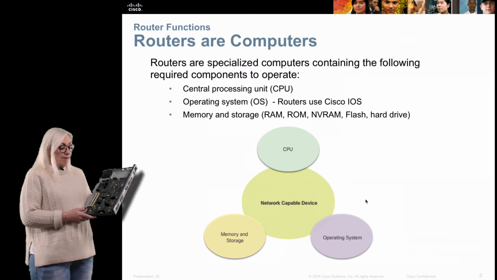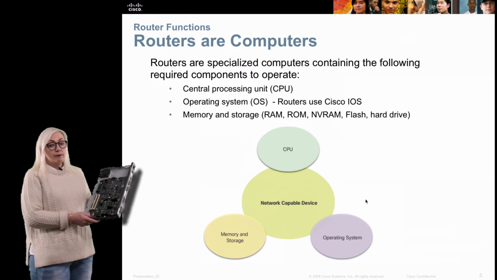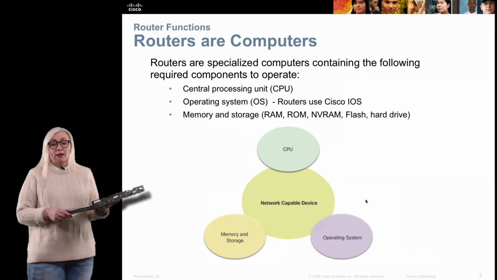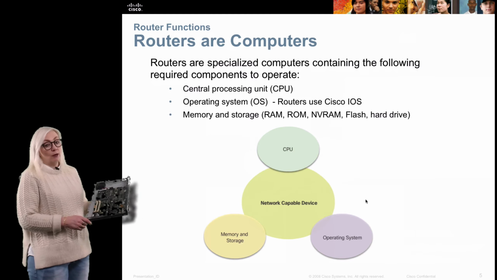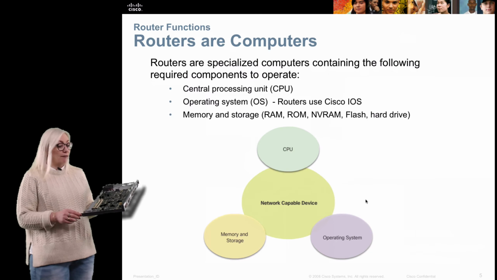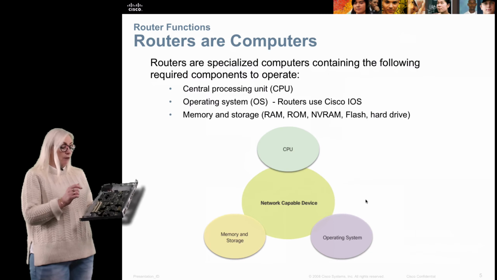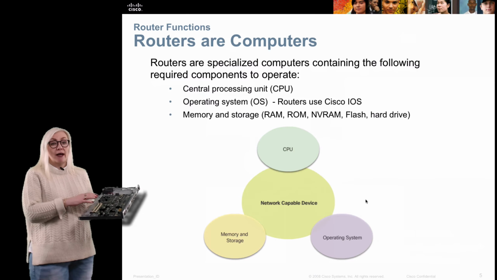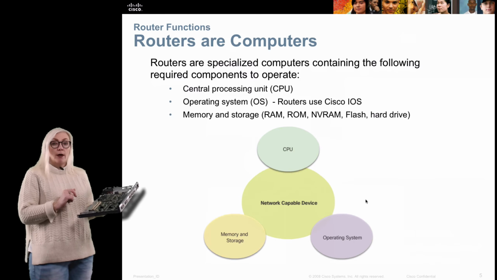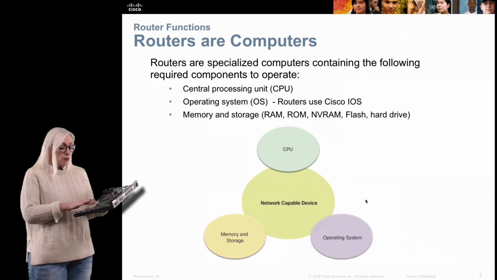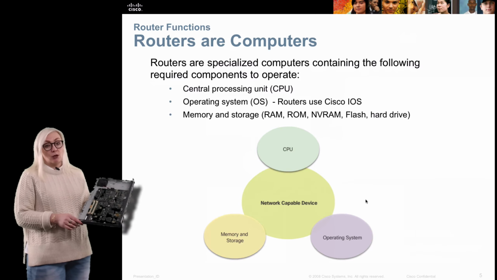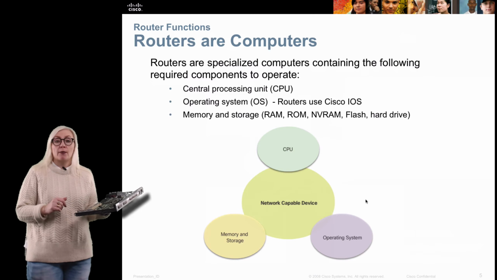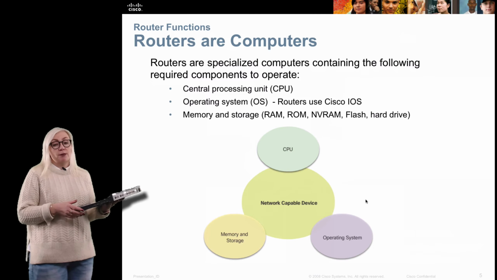Here I have a very, very old one, which I've opened up, and if you look inside the router, it looks more or less like an old computer, where you have a CPU over here. You have some types of memory. You can have a flash RAM, a ROM, NVRAM, and so on. You might have a hard drive.